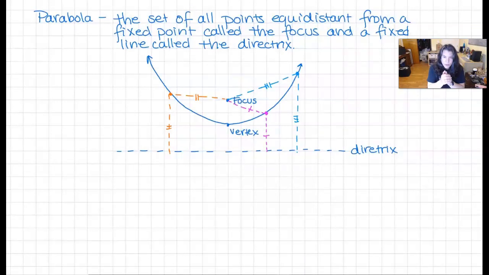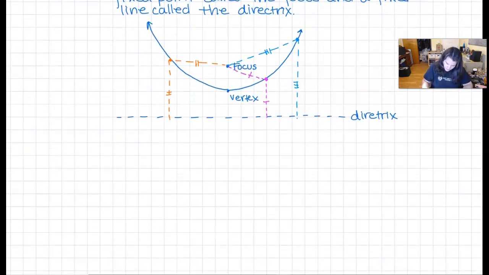Now there's one more part that is called the latus rectum, and your book doesn't really focus on this. No pun intended. I like the latus rectum because it helps you actually draw the parabola. And so I'm just going to draw another one without all these dashed lines for the distances.